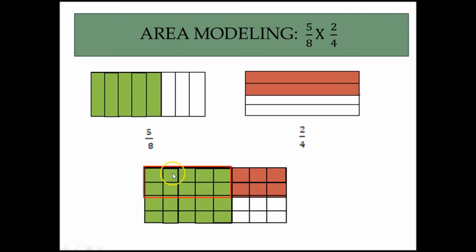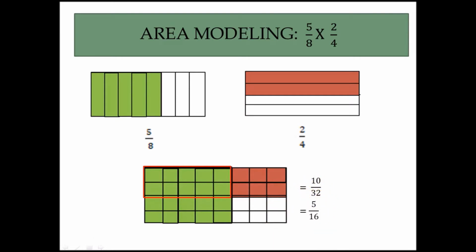So there's 2, 4, 6, 8, 10 parts that are overlapping out of 32 parts of the box. So that's 1, 2, 3, 4, 5, 6, 7, 8 times 1, 2, 3, 4 is 32. So that's the denominator right here.